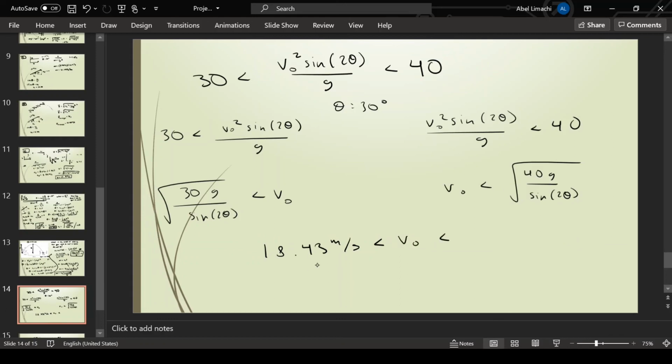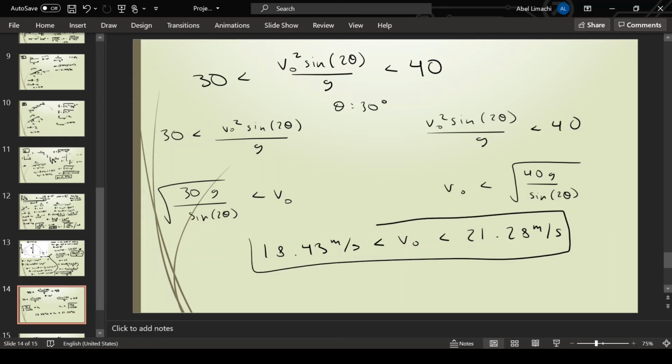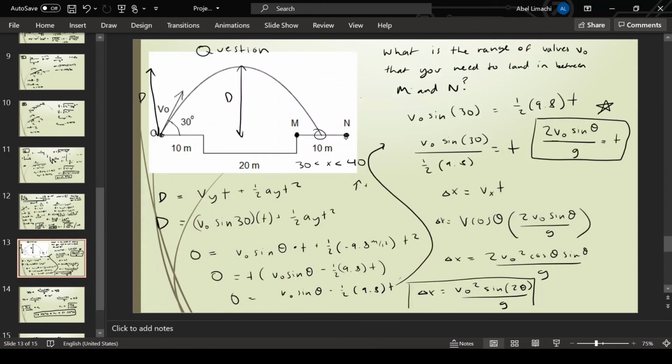V initial has to be greater than 18.43 meters per second, but less than 21.28 meters per second. So this is the range of v values that you could have to land in between m and n, or 30 and 40 meters.